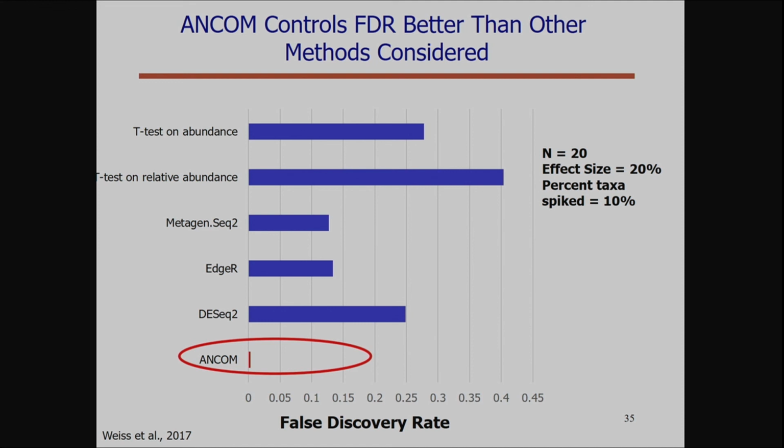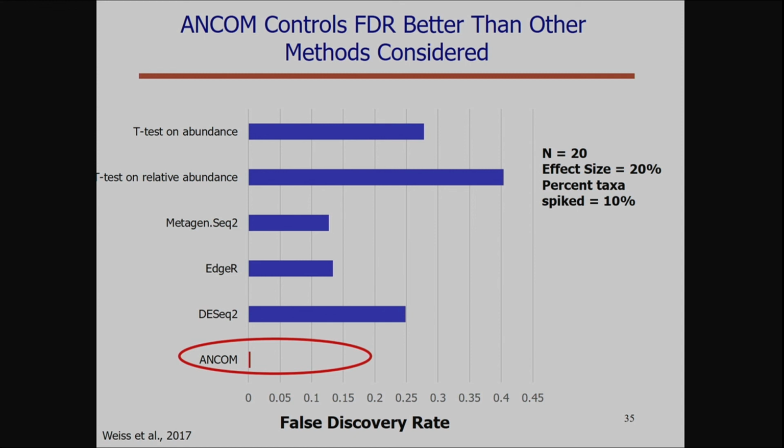The x-axis is the different FDRs, the y-axis the different methods. For a t-test based on just the abundance, the FDR is roughly 27%. In other words, in this simulation setup, 27% of all discoveries from a t-test are false discoveries. You cannot believe them.